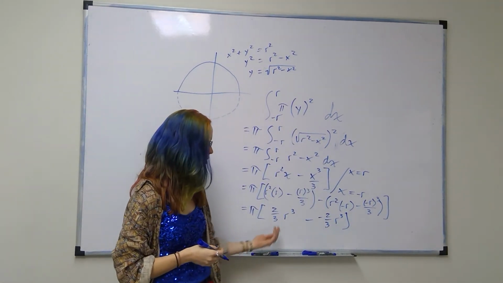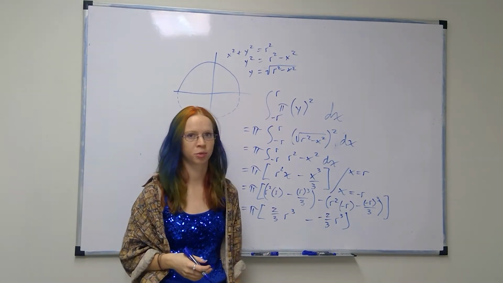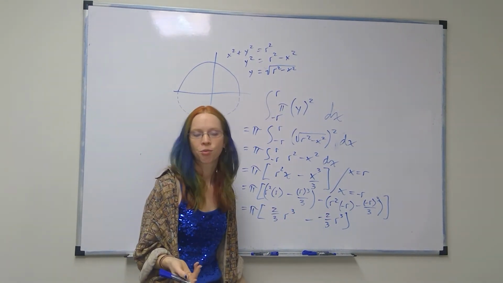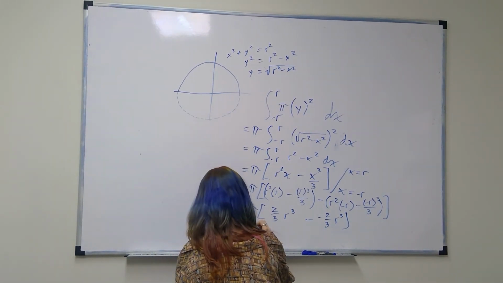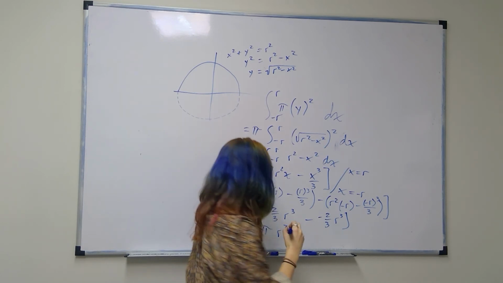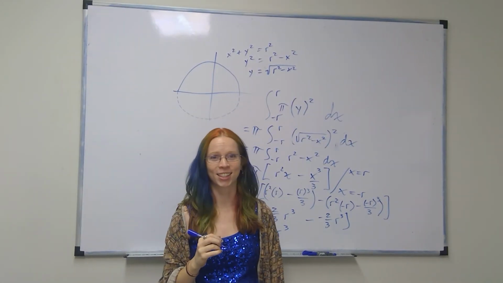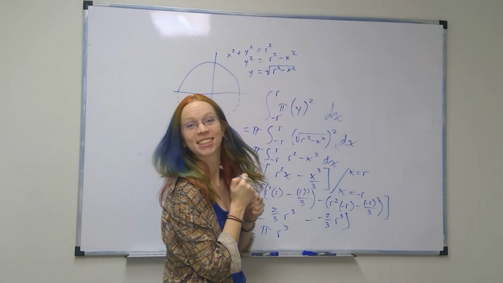Cool. 2/3 of stuff, minus a negative 2/3 of the same stuff, that's just 4/3 stuff. And I'm gonna pull that 4/3 out front. There's my pi, there's my r cubed, and that looks annoyingly familiar. Ta-da!